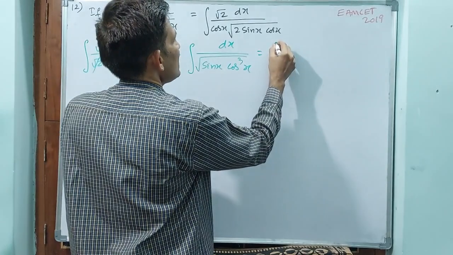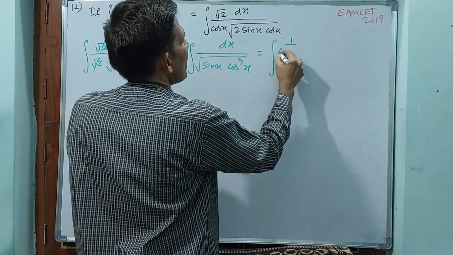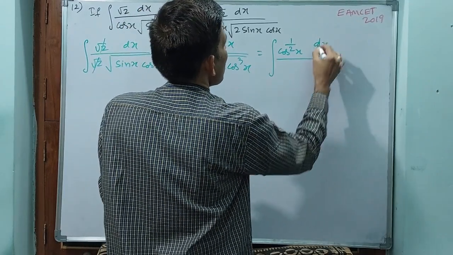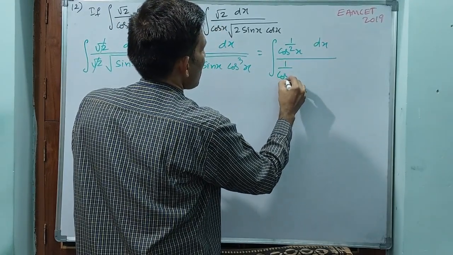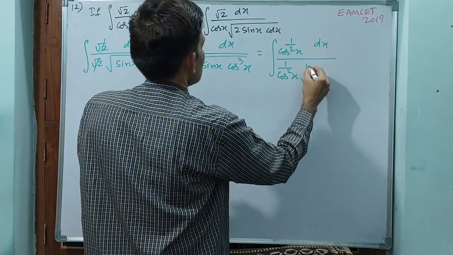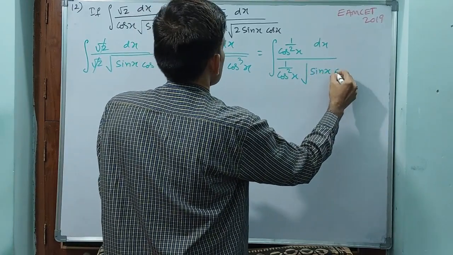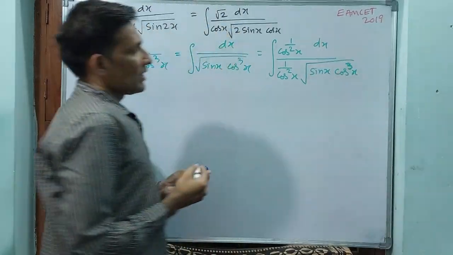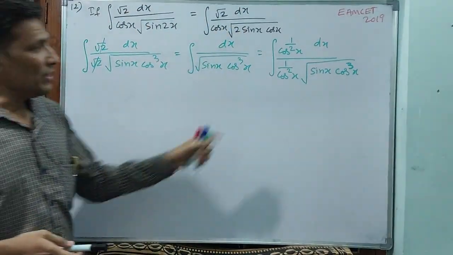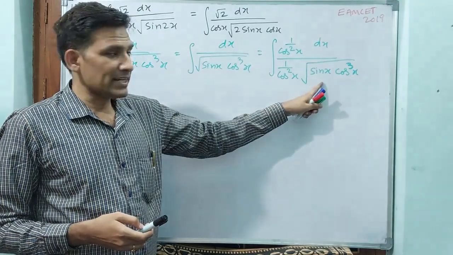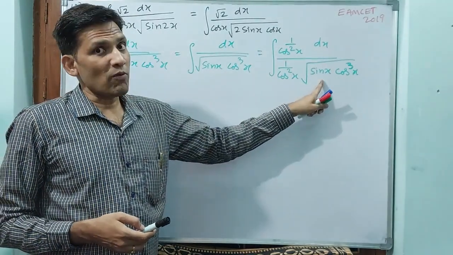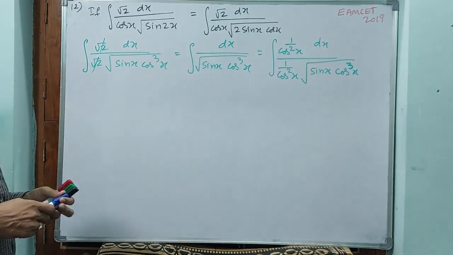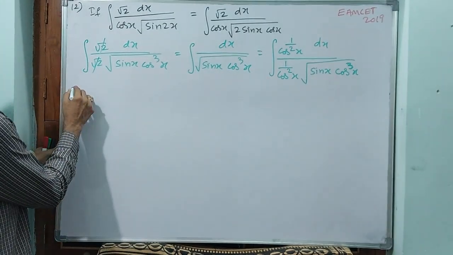That is equal to, you see, integral 1 by cos square x dx divided by 1 by cos square x, sin x cos cube x. Okay. See, if I want to send it inside as a denominator, this is going to be cos to the power of 4x. Then what about this numerator? Numerator is going to become secant square x.